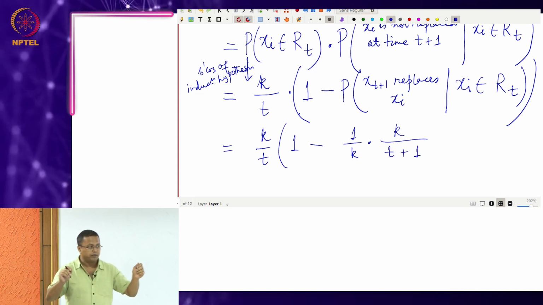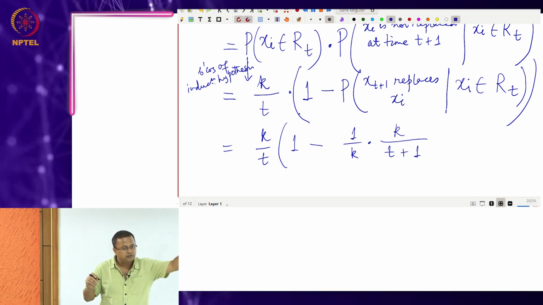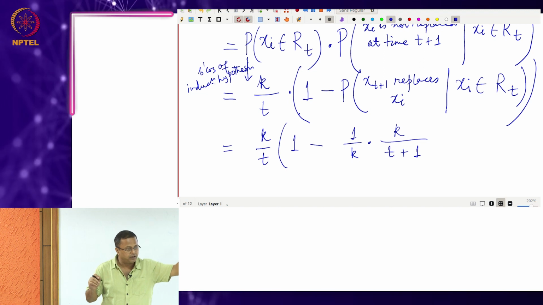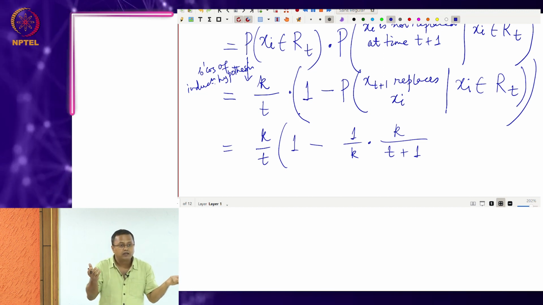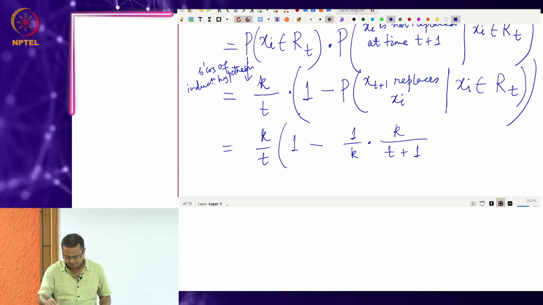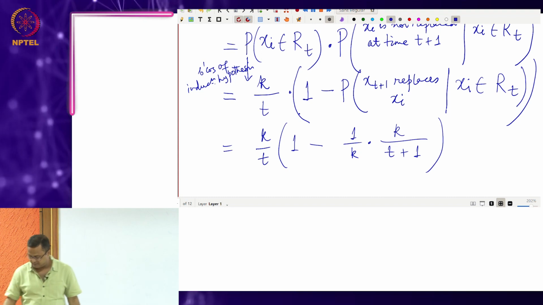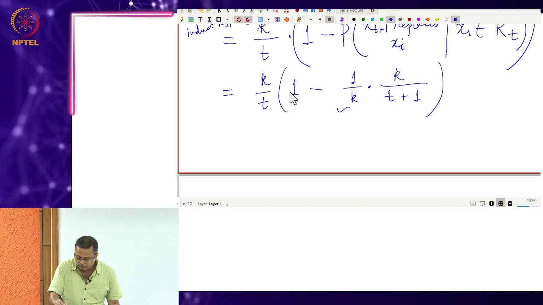I am going to remember the entry that I am going to replace is a random entry. So, that has to be uniform 1 by k, and I replace with what probability? K by i, here i is t plus 1. Now, just see what this is.